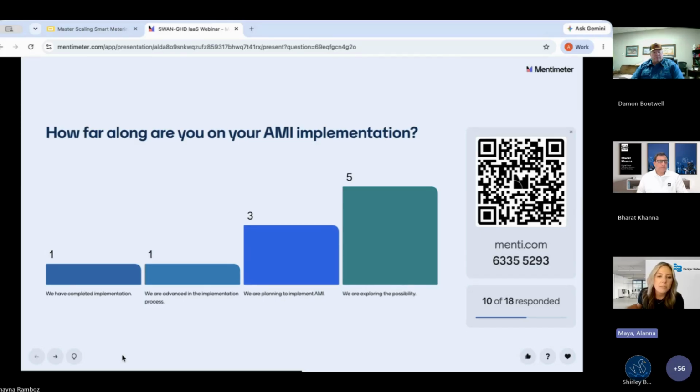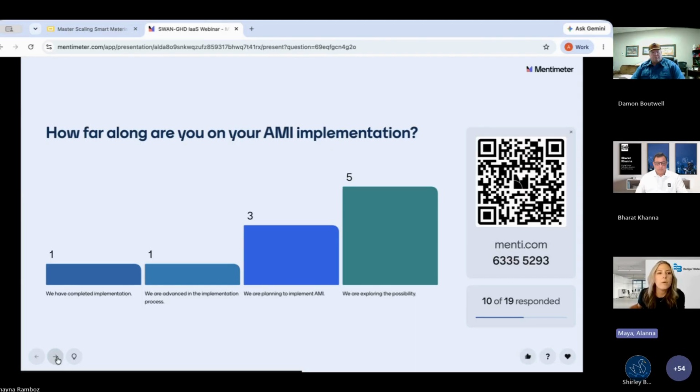Some advanced in the implementation process. Really, really good. Let's give it a couple more seconds, see if anybody else wants to respond, and then we can go to the next question. This is really good. Looks like a broad range of focus for AMI implementation and where we are in the journey here.